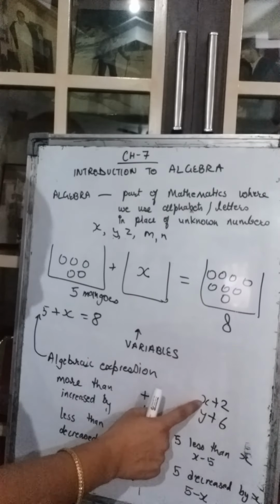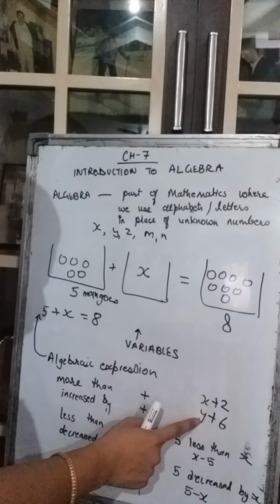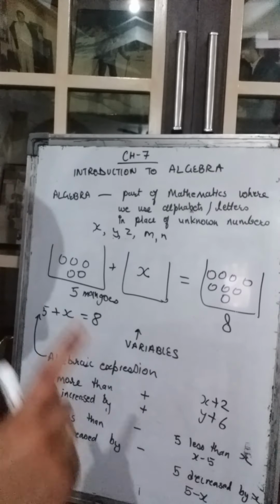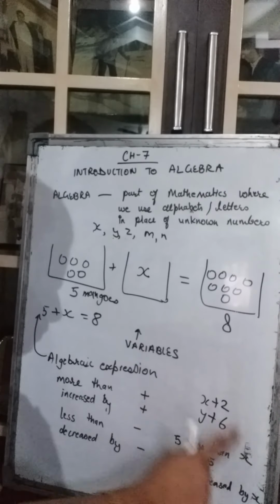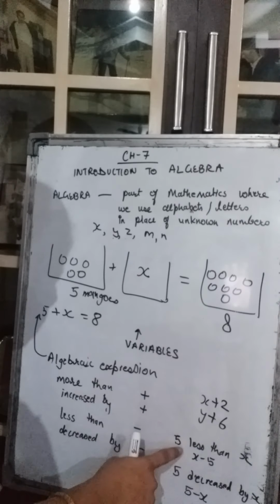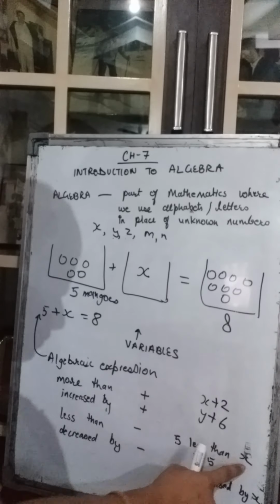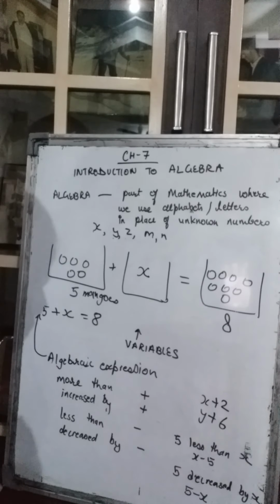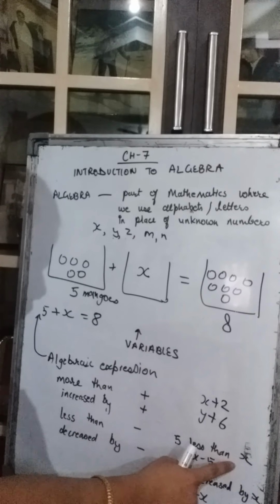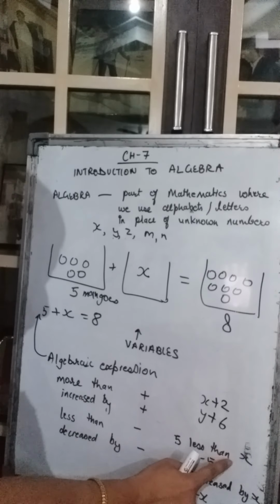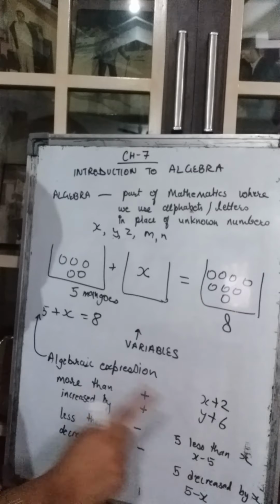It can come 2 plus x also. It can come 6 plus y also. That's all correct. But in minus, if you write this as 5 minus x, your answer will go wrong. So whatever is there after the word than, you will write that first. Just remember that.